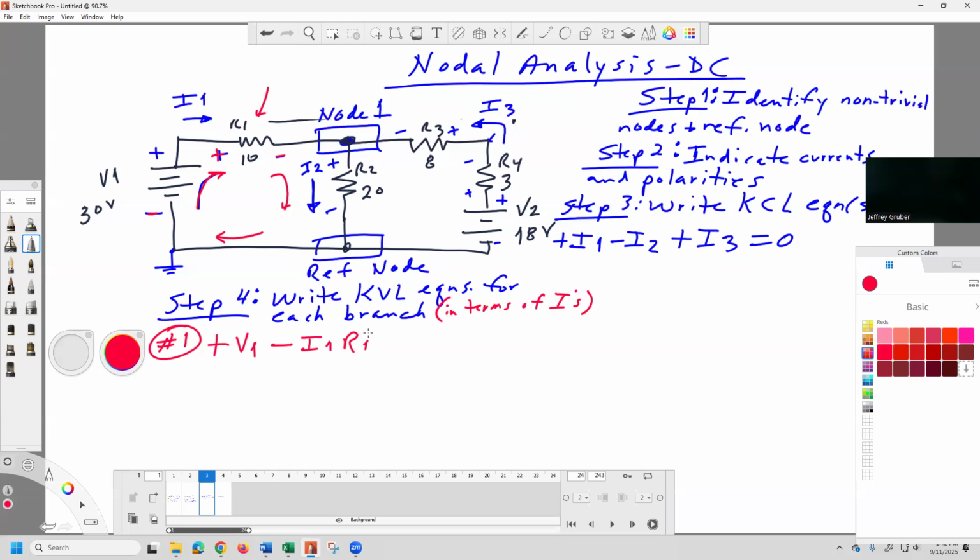V equals I times R, right? Sometimes you'll hear the expression an IR drop, a voltage drop. Like over transmission lines. If you have a real long extension cord and it gets hot, it's because there's an IR drop.